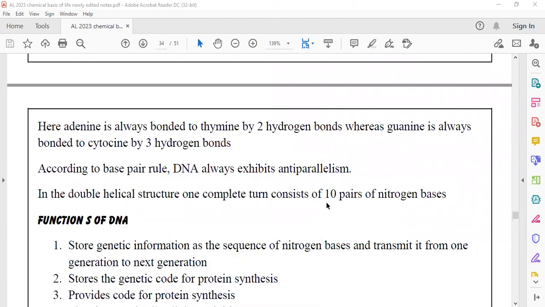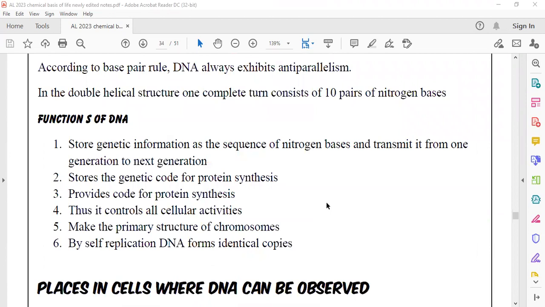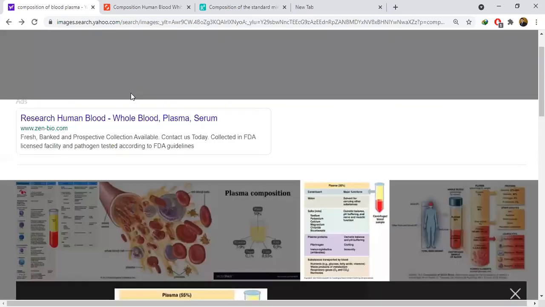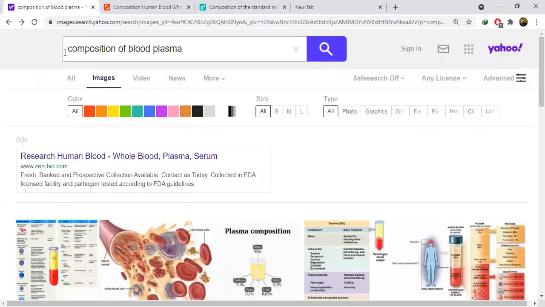Right. What are the functions of DNA? DNA stores genetic information as the sequence of nitrogen bases. Now, even in your lower grades, you would have studied it.